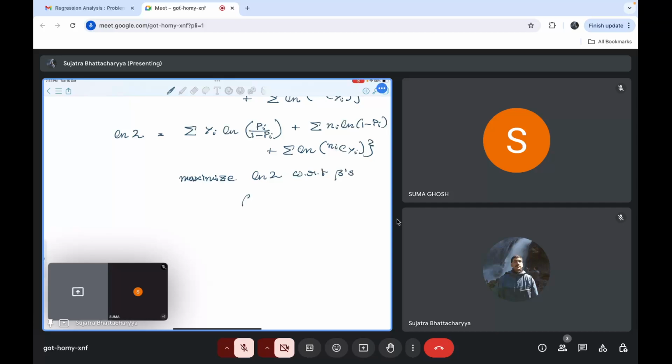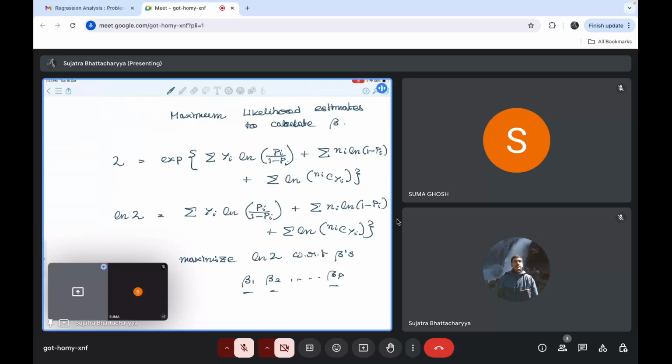You first differentiate with respect to beta 1, then beta 2, and so on up to beta p. This will give you several equations. Solving them, you will get these coefficients. Just like what we did for simple linear regression or multiple linear regression, where we got several normal equations, we get a similar thing. The only difference is that we use a different function, the likelihood function, take its log and maximize it.